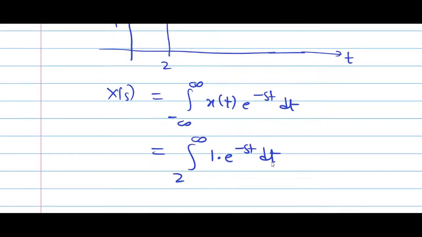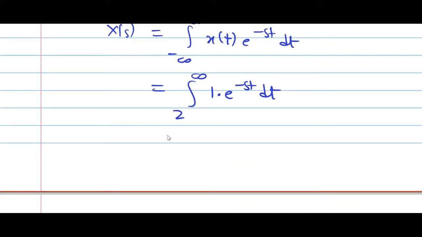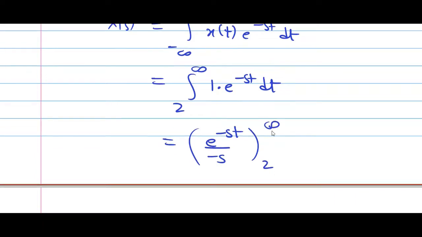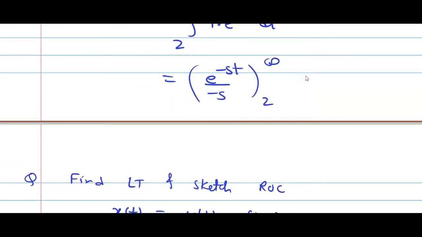The integration of e^(-st) is e^(-st) upon minus s, with limits 2 to infinity. Put the upper limit, so it becomes e^(-infinity) minus e^(-2s).